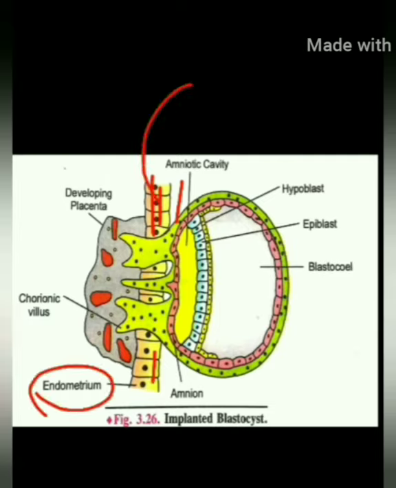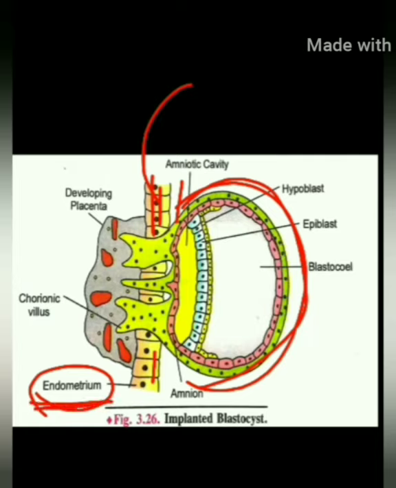The endometrium cells start dividing rapidly so that they cover the whole blastocyst, making a cap over it. This is how the blastocyst gets inserted into the endometrium wall, and this process is known as implantation.